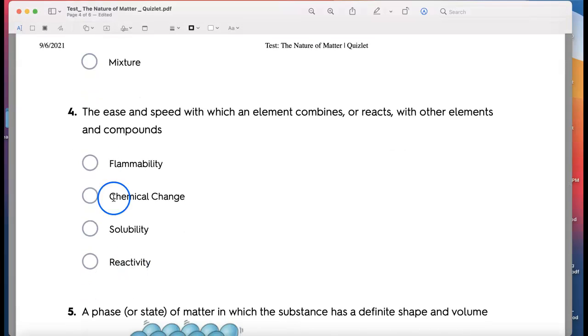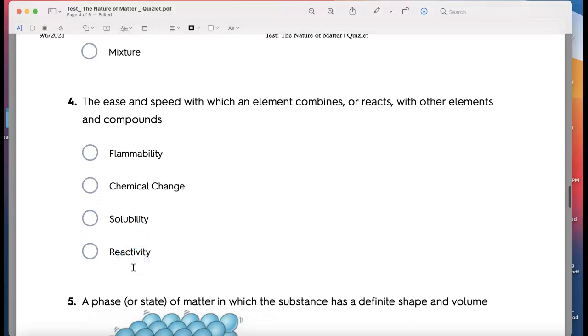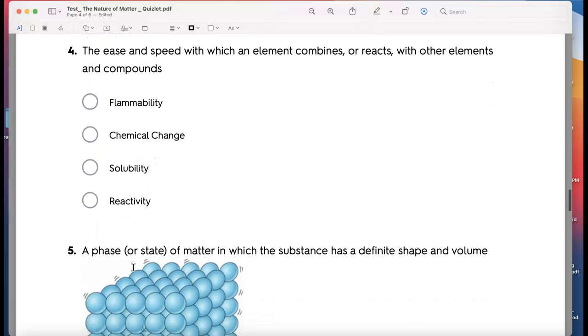Number 4. It says the ease and speed with which an element combines or reacts with other elements and compounds. Flammability, chemical change, solubility, or reactivity. Circle or color in the dot you think is correct.